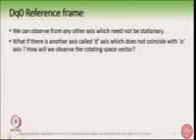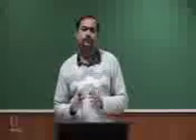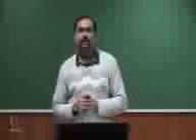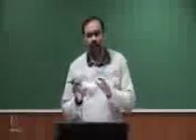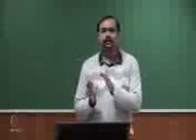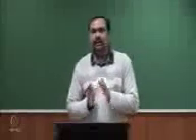Now what if there is another axis which is somewhere else, not coincident? The alpha axis is coinciding with the A axis.